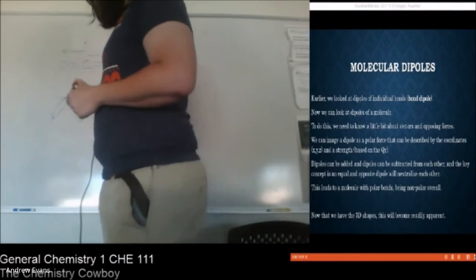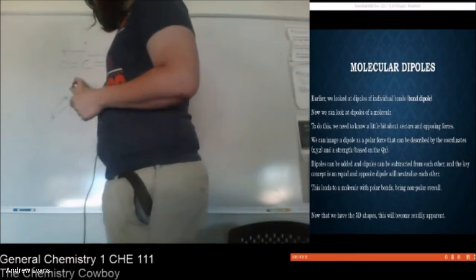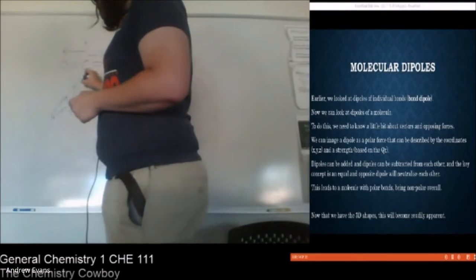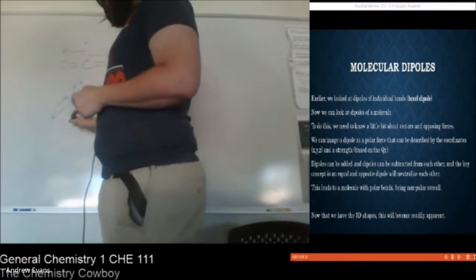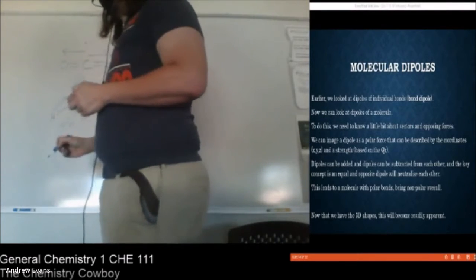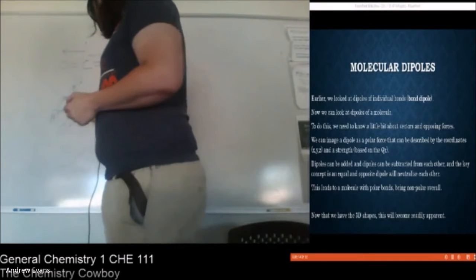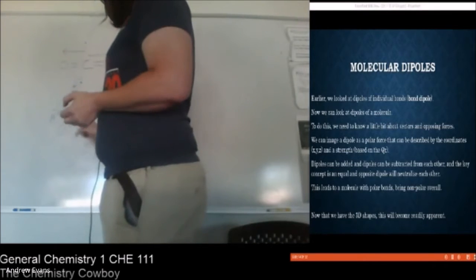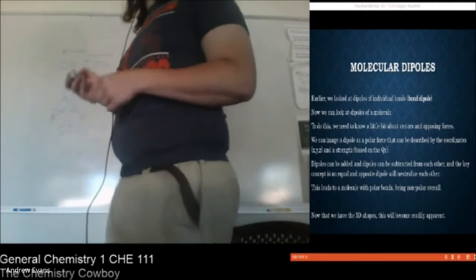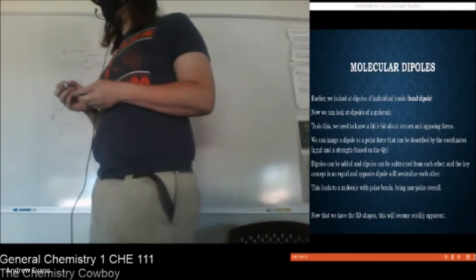So the net dipole would be straight up. And so we would say the top part, the oxygen, is negative. The bottom part of this molecule is positive. So essentially, the hydrogen portion is positive, the oxygen portion is negative. And we can do this with all molecules.